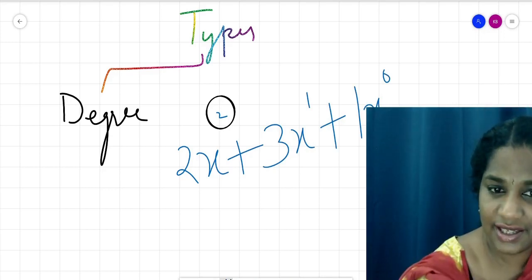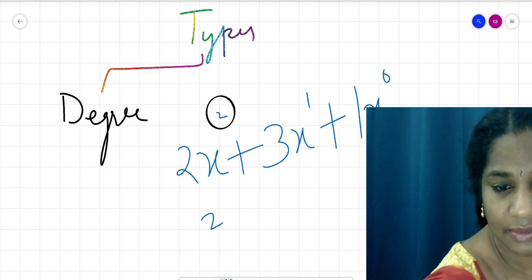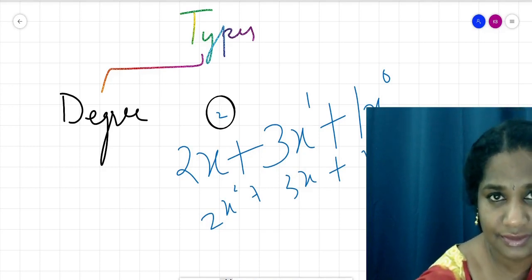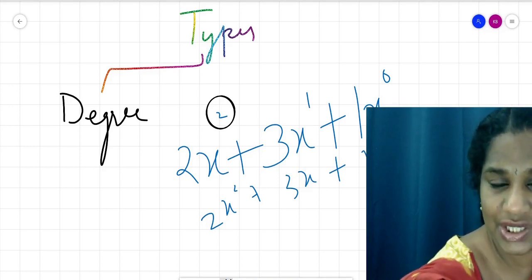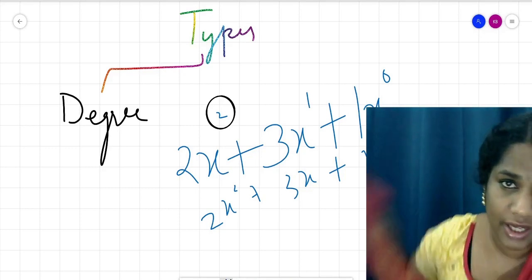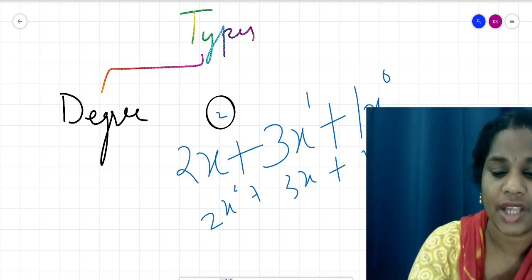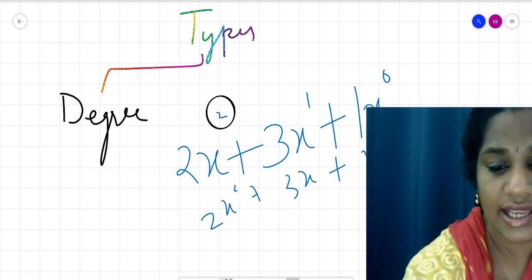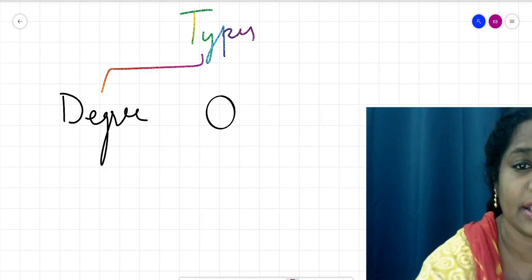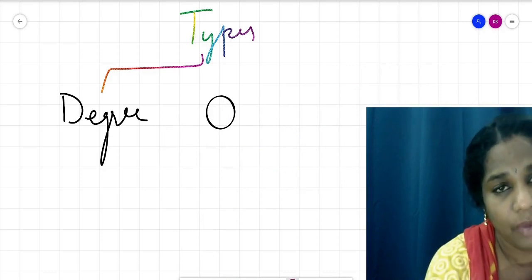If I write it, then also it will become 2x raised to the power of 2 plus 3x plus 1. Right? Clear? So now which is the highest power? 2. So what is the degree of this polynomial? 2. Exactly. The highest power of the variable is the degree of your polynomial.